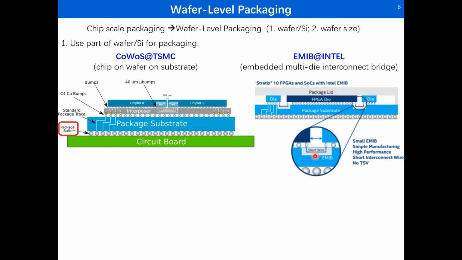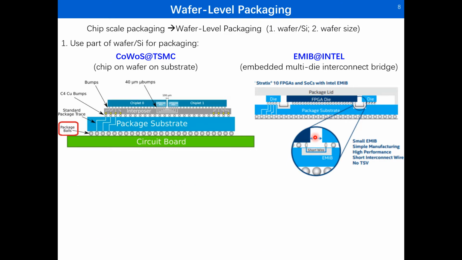A very interesting point of EMIB is that the bump size in one die can be different. The larger solder balls directly connect to the package substrate, and smaller bumps are connected to the bridge die and further connect with other dies.